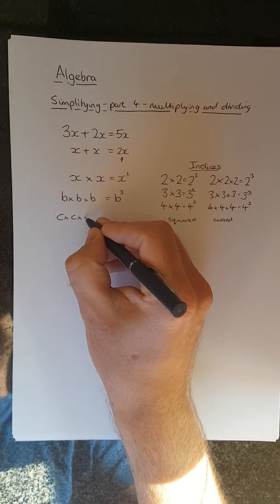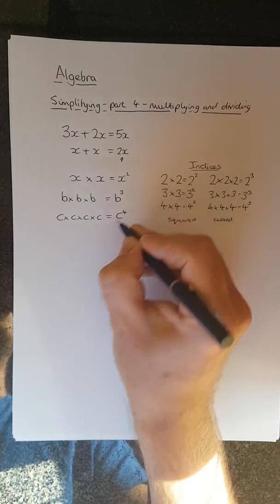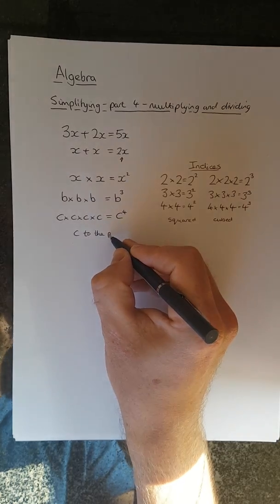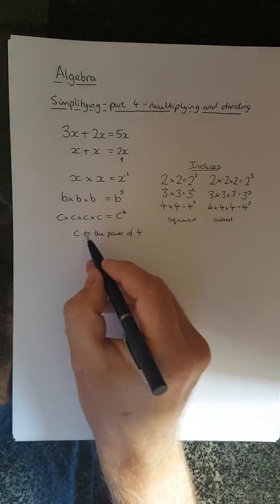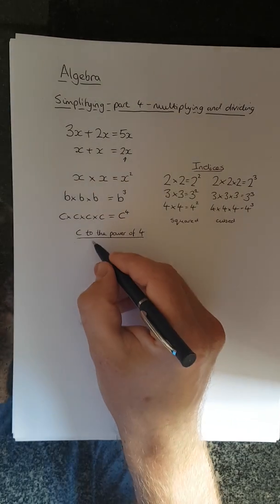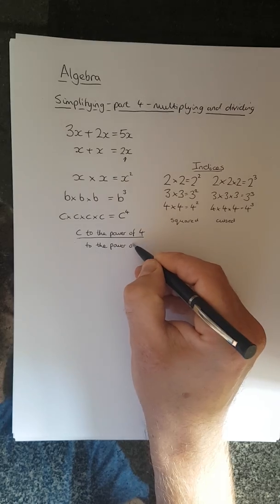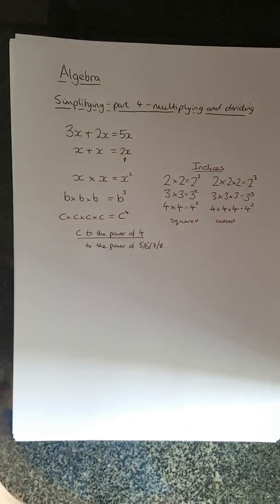If I had 4 of them, it would be c to the power of 4. And then we say to the power of 5, 6, 7, and onwards.